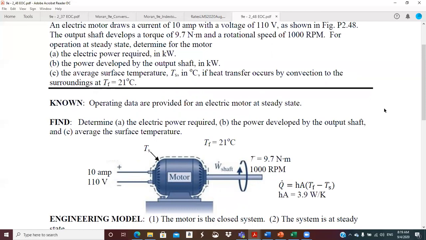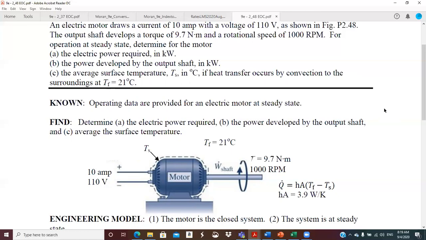For operation at steady state, we want to determine for the motor the electric power required in kW, the power developed by the output shaft in kW, and the average surface temperature, TS, in degrees C if heat transfer occurs by convection to the surroundings at 21 degrees C.